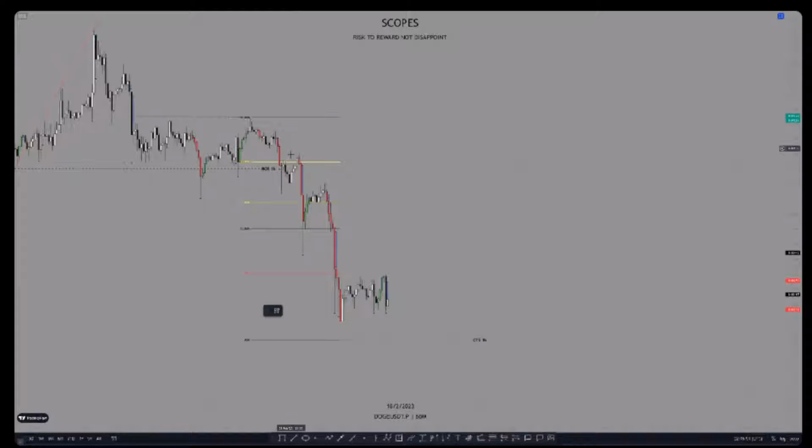And you can see I wouldn't class them as anything I would really take. You could potentially see this bounce up to around this area and then come back down to continue, but that's not clear enough.